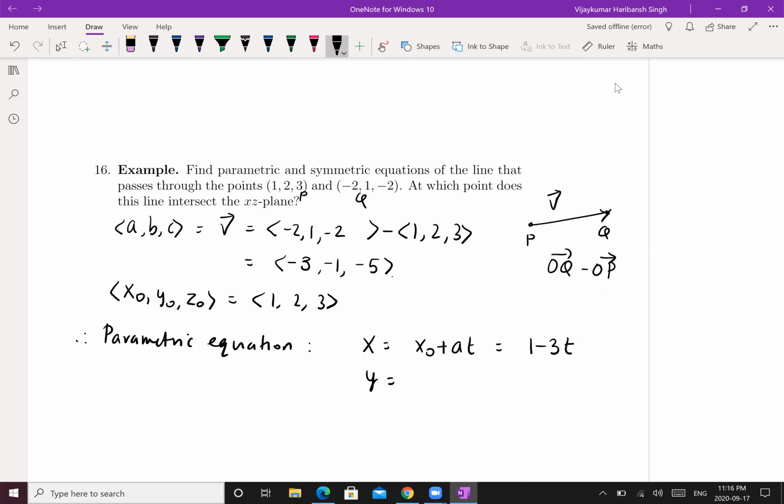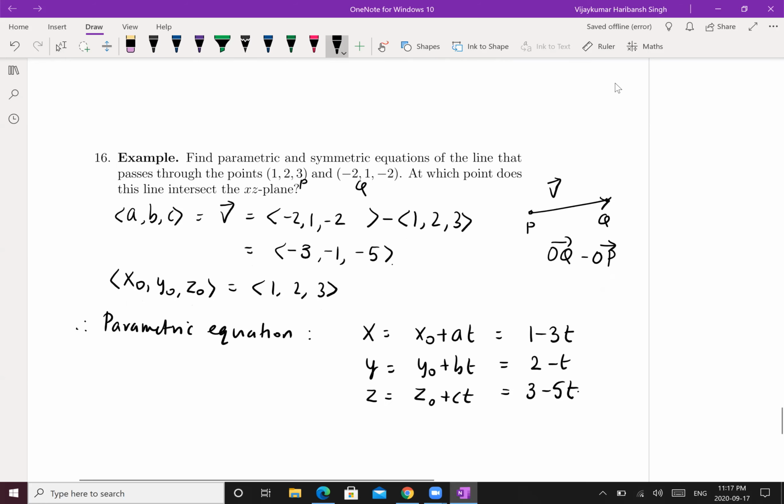Similarly, y equals y0 plus bt, which is 2 minus t, and z equals z0 plus ct, which is 3 minus 5t. So this is the parametric equation of your line.